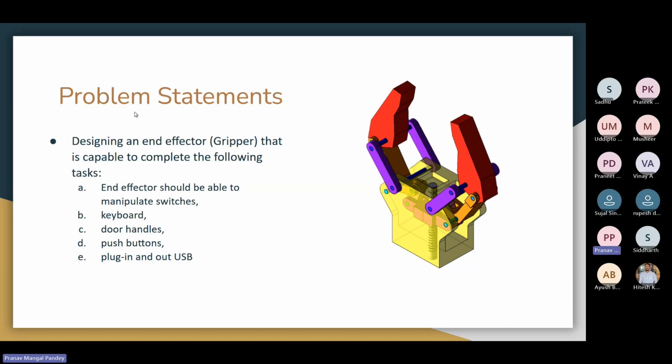You won't be going into the electrical details or software details, but you will make a mechanical design which will be capable enough and delicate enough, and all the constraint sizes should be kept in mind given these problem statements. Okay? This is one problem statement.